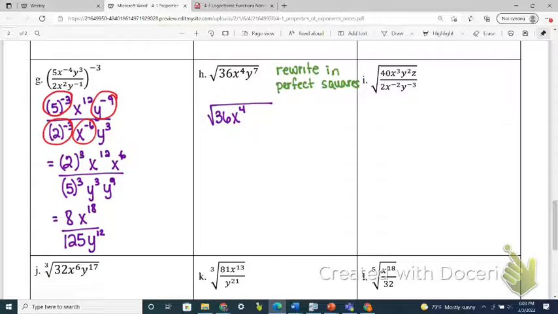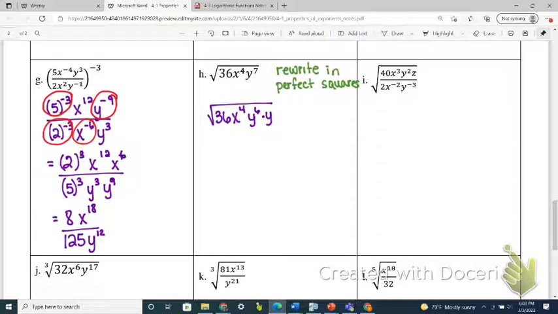So I go down 1. Y to the 6th. Is that divisible by 2? Yes. So I rewrite y to the 7th as y to the 6th times y, because when I add the exponents, I still get 7. So I have all my y's there. I'm just rewriting so I can simplify them better.